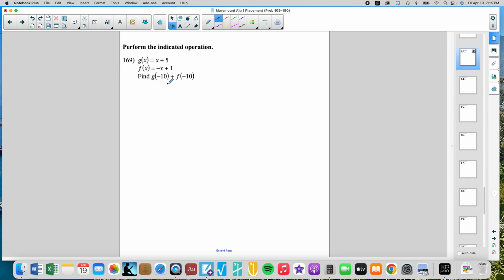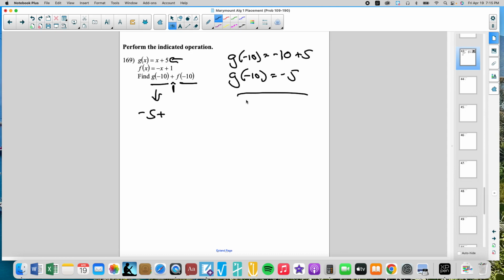All right, so we got to simplify this, and then do the addition. So we're going to find g of negative 10. We're going to look in the g formula, and we're going to plug in negative 10 for our x. So g of negative 10 is going to equal negative 5. So we'll substitute that in, negative 5 plus, now we're going to find f of negative 10.